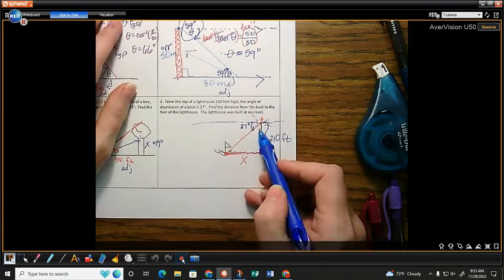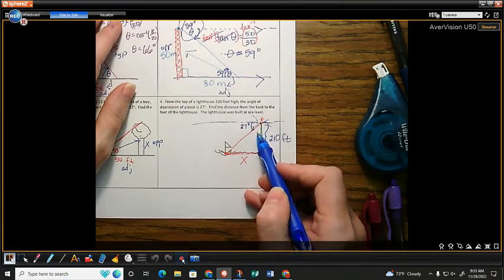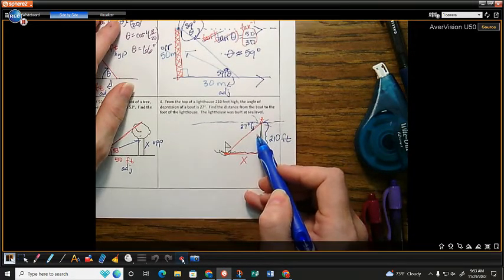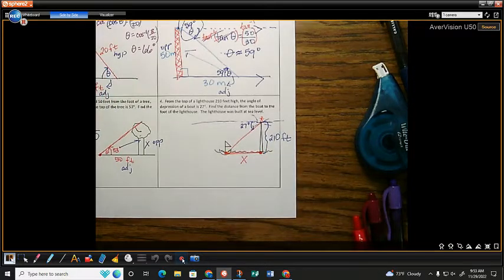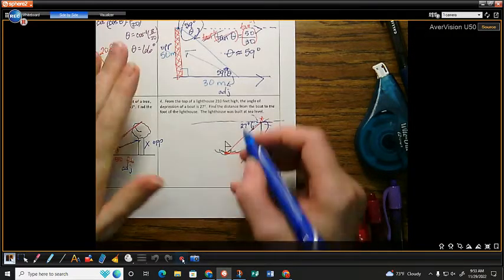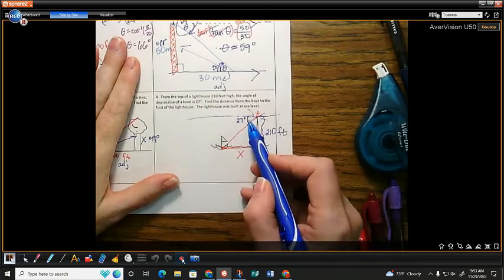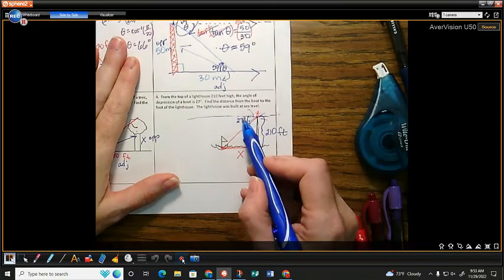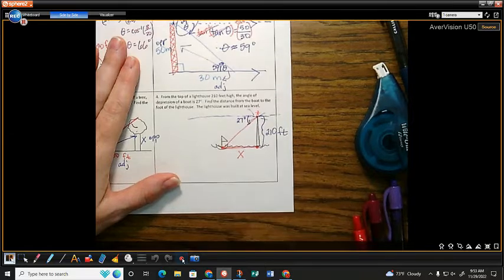A lot of people make this inside angle be the angle of depression, and that's why you always need to start with a horizontal. Either angle of elevation or angle of depression always starts with a horizontal. Now, if this angle is 27, what else do you know?